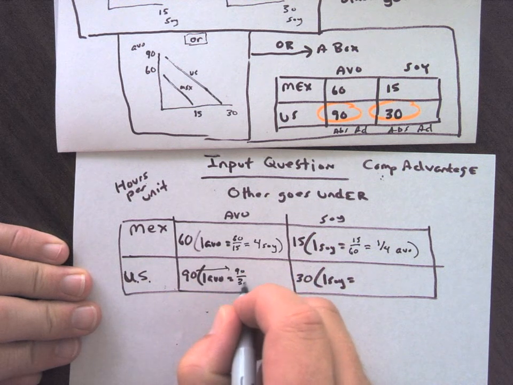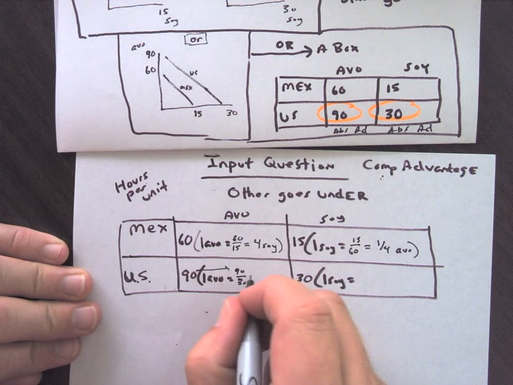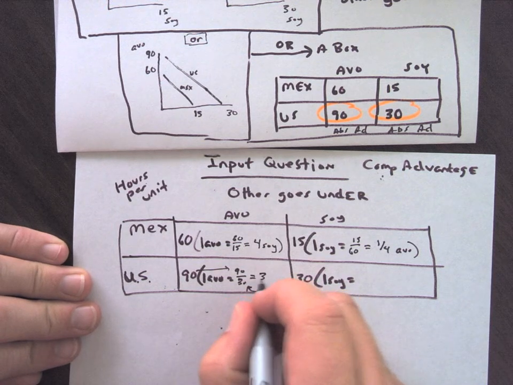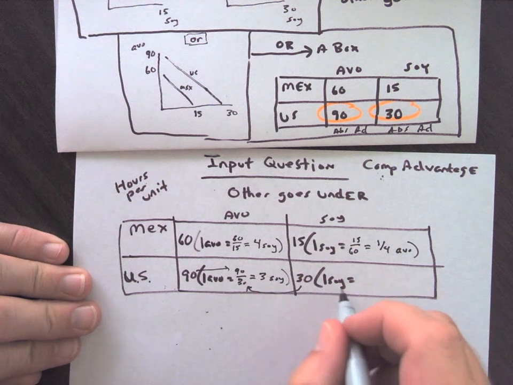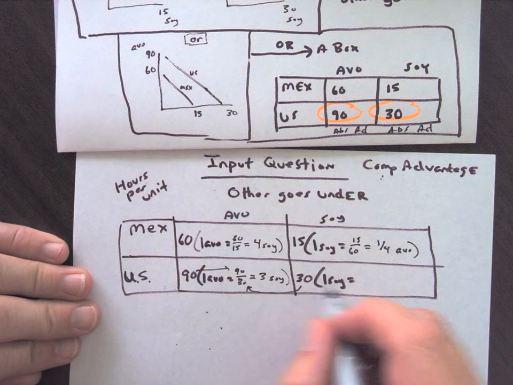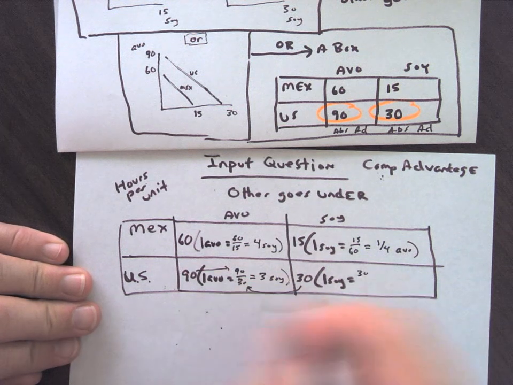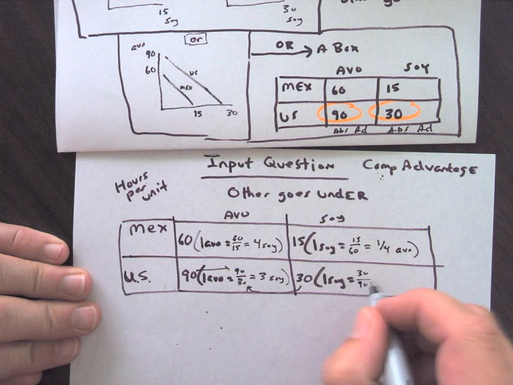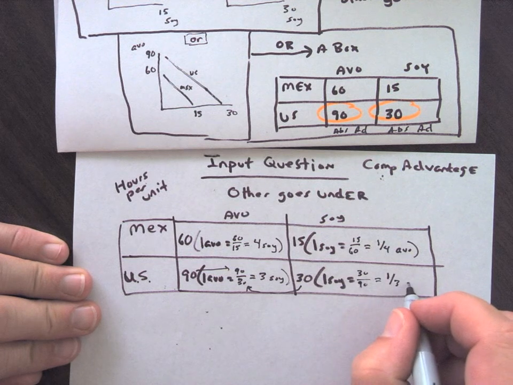The other, the 30, is going under. So that's going to equal 3 soy. Now for soybeans for the United States, I know that's going over because the other is coming under. So 30 over 90 is also going to reduce down to 1/3 of an avocado.